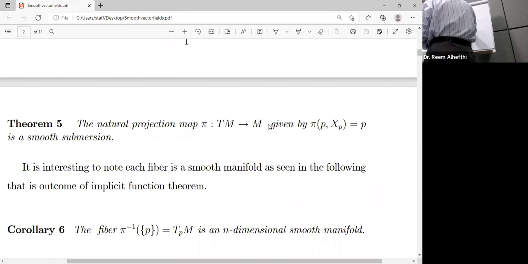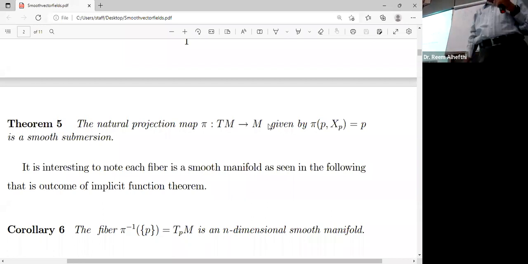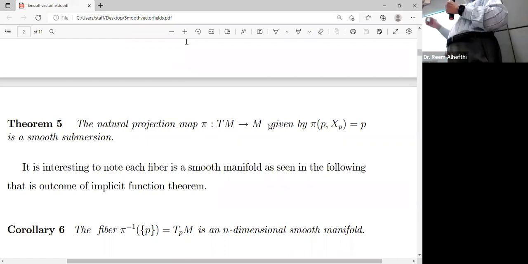We take a point p here. This is an onto submersion. You will see that the inverse image of the singleton p is T_pM, the tangent space. And because this is a submersion, this is a smooth manifold of dimension dim TM minus dimension of M. That is, each tangent space is a smooth manifold of dimension n.